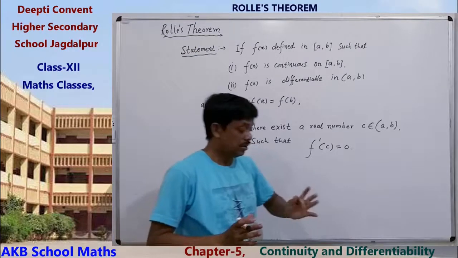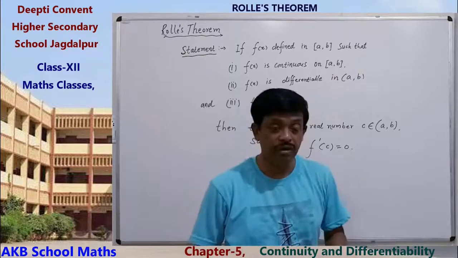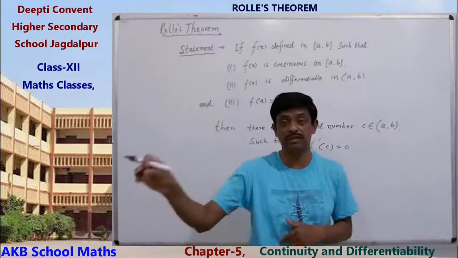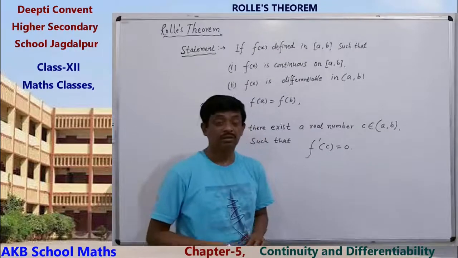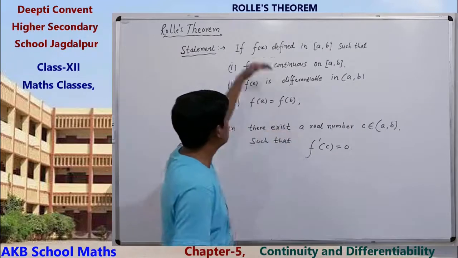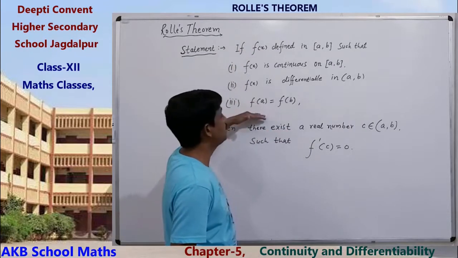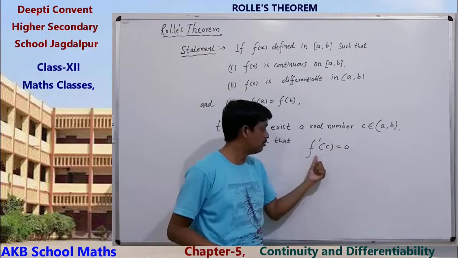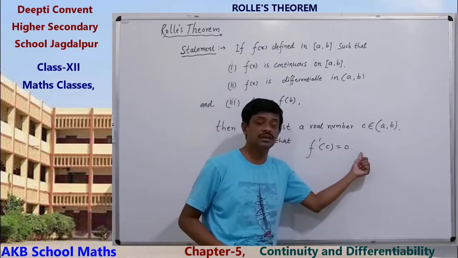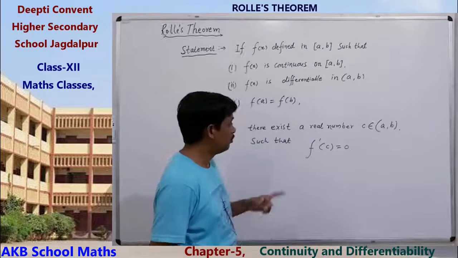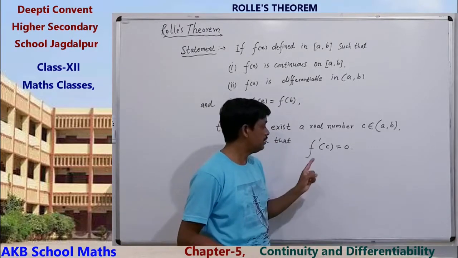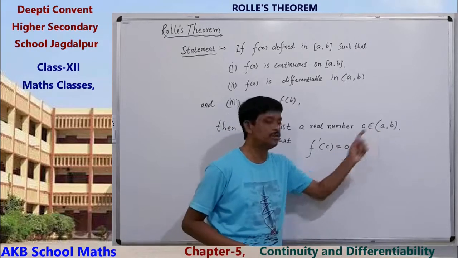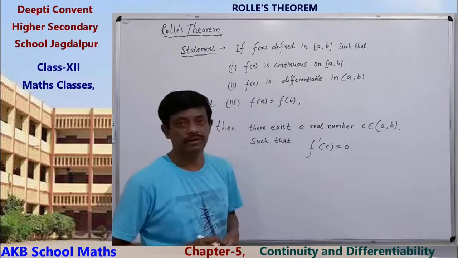Generally, questions ask us to verify Rolle's theorem for the given function in the interval. Verifying means first we have to show that these three conditions are satisfied, and then find a value c using the relation f'(c) = 0, such that c belongs to (a, b). Then the theorem will be verified.